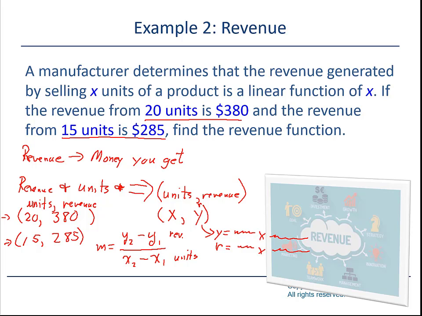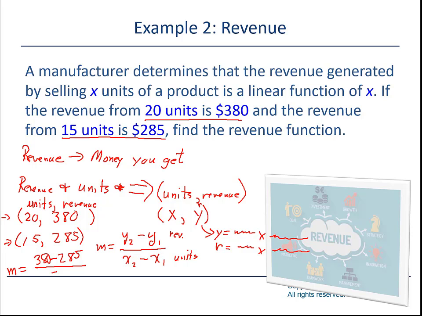So we can calculate the slope for this as 380 minus 285. Subtract those y coordinates here, and then subtract the x coordinates on the bottom. But one thing you do have to be careful about is you subtract those in the same order.